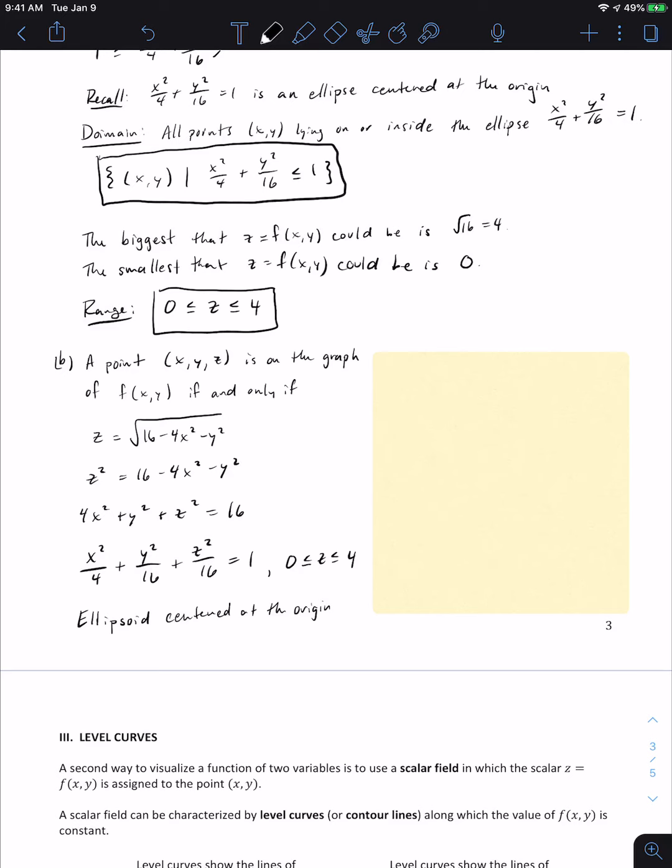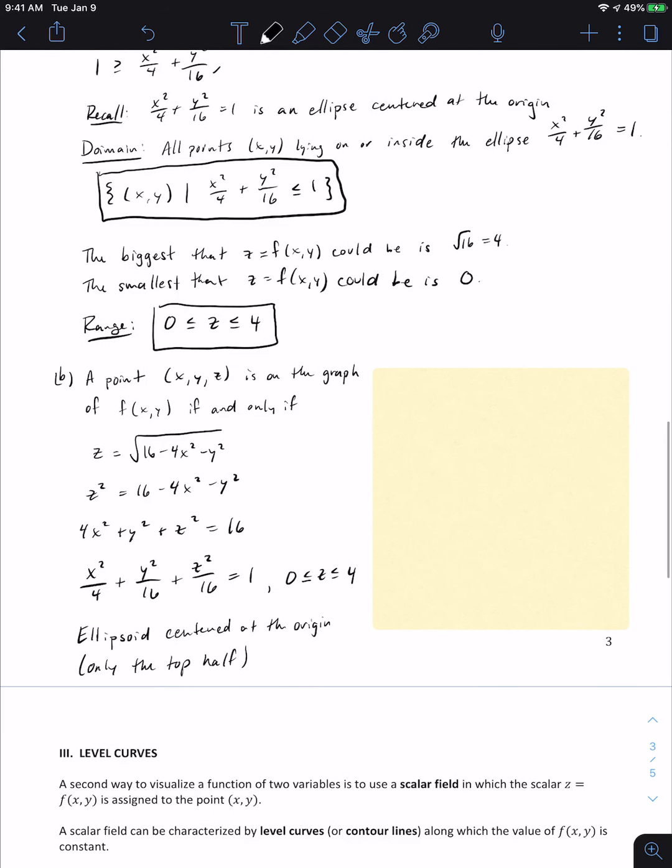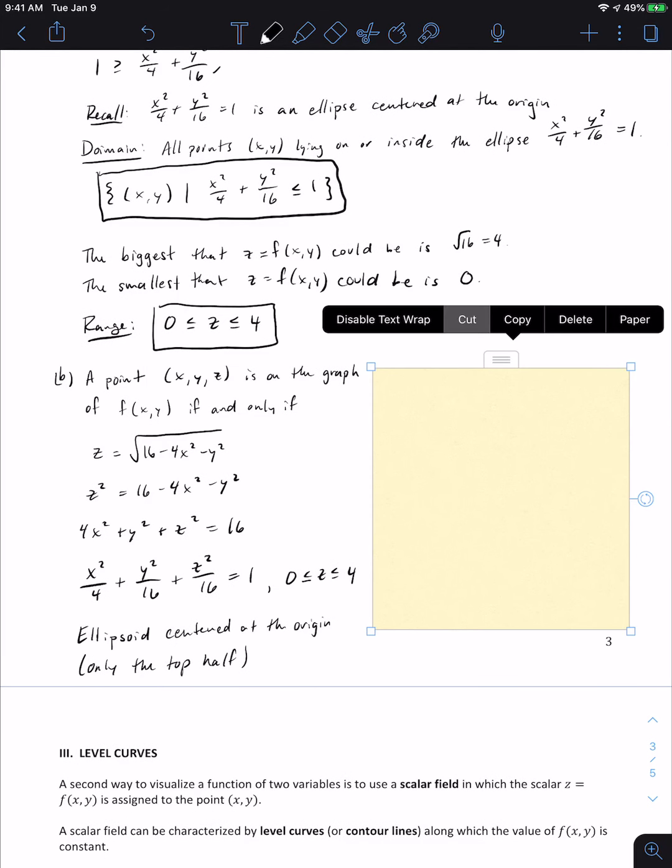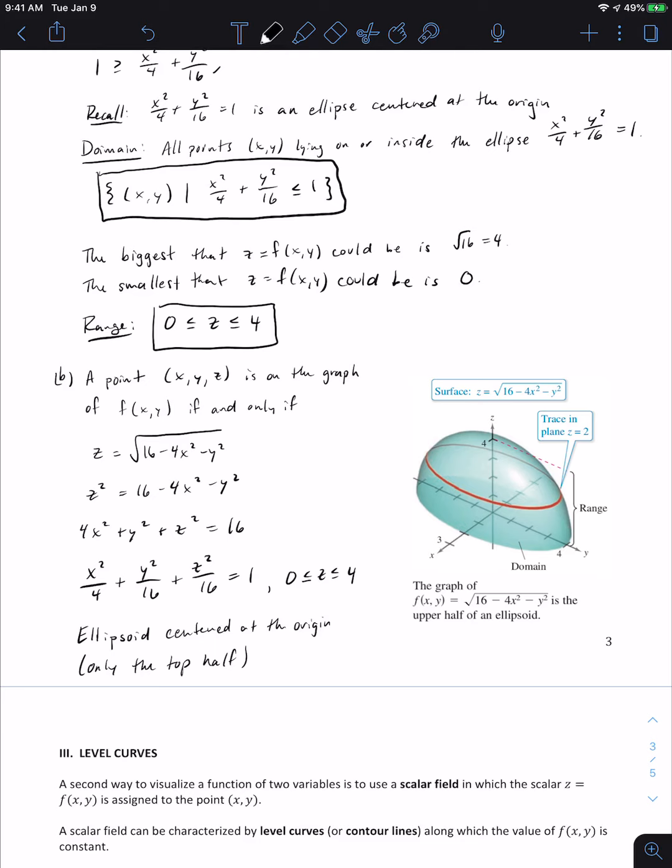So it's an ellipsoid centered at the origin, but only the top half, because I don't want negative z values. If it was centered at the origin, it would have some spots underneath the xy plane and some above, but we only want those parts above the xy plane that have positive z values. So if I were going to draw that, it would look like this.